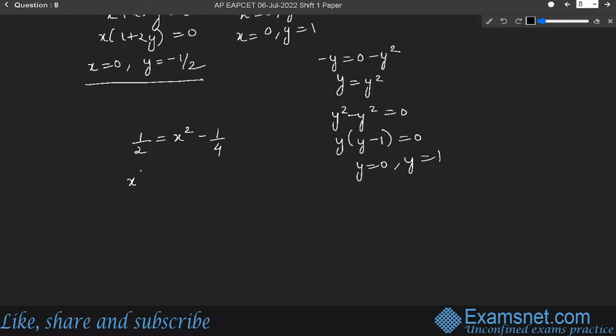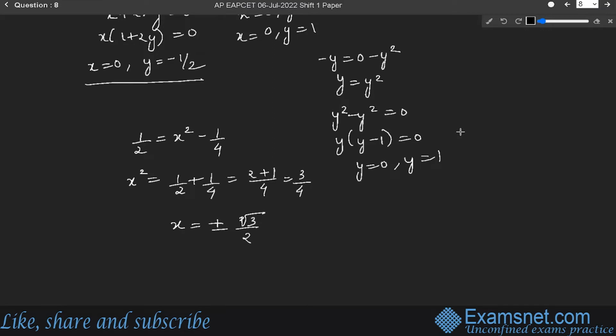So from here, x square will be equal to 1 by 2 plus 1 by 4, which is equal to 3 by 4. So we can say that there are two values for x, and x will be equal to plus minus under root of 3 by 2.